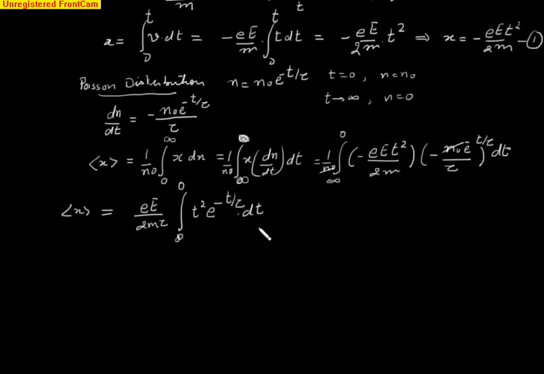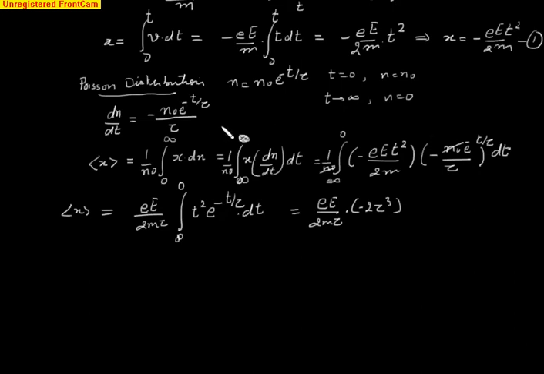Now its solution can be written from the standard result, and that is equal to minus 2 tau cube. Therefore the result comes out to be E over 2m tau times minus 2 tau cube, where this tau is relaxation time.